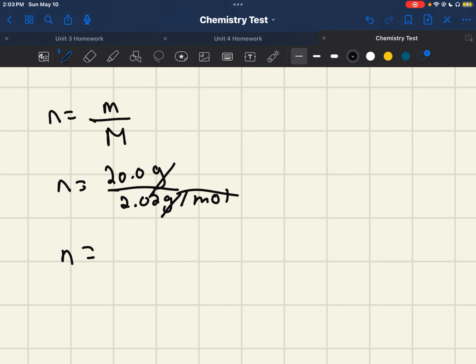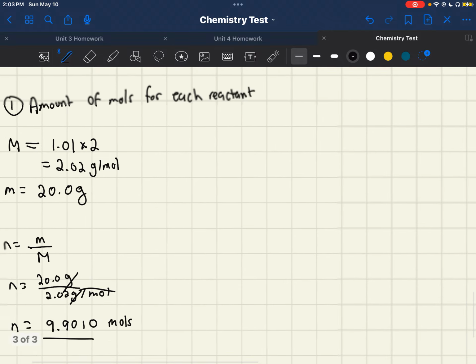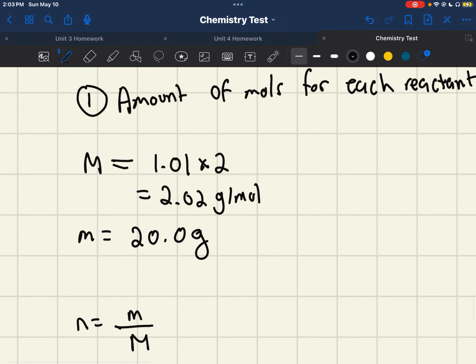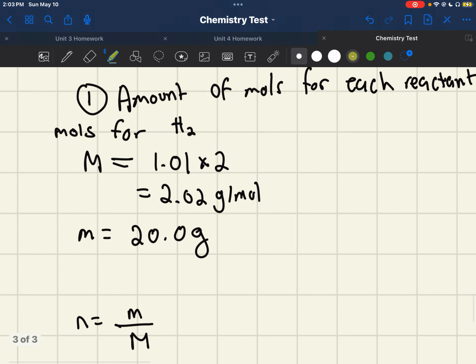So that means that this is going to be 20.0 divided by 2.02, which gives us 9.9010 moles. Cool. So this is the moles for hydrogen gas, right? Hydrogen is a diatomic molecule like oxygen. That's why it has to have this 2 over here.